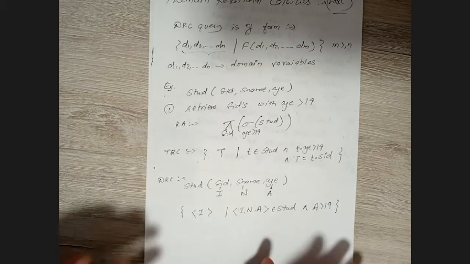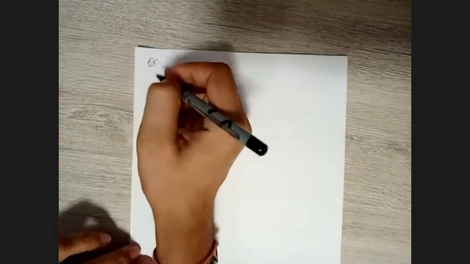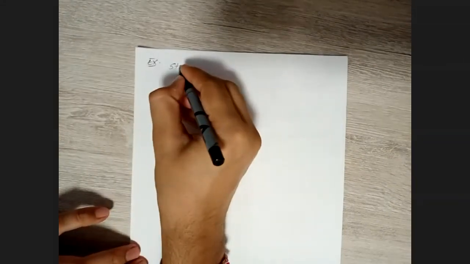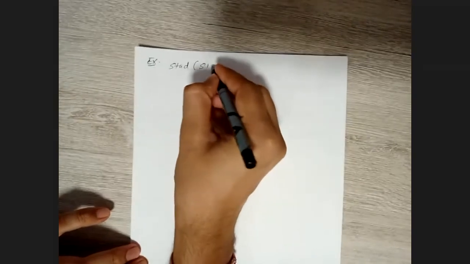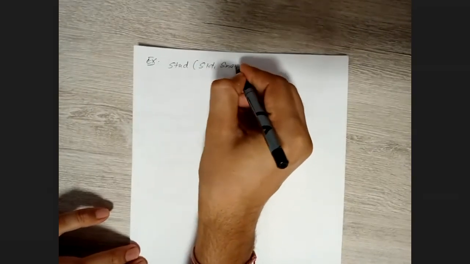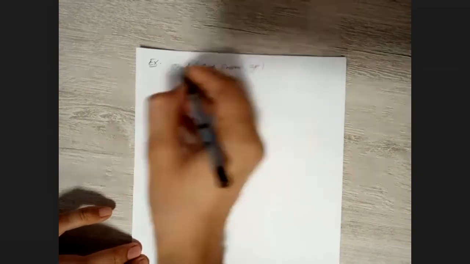Now let's take an example and try to solve it using quantifiers, and see how quantifiers come in when we talk about DRC queries. So let's take our regular example that we have been continuing since the very beginning of relational algebra, that is your student table. We have SIDs and all the information as it is. I'm just writing.